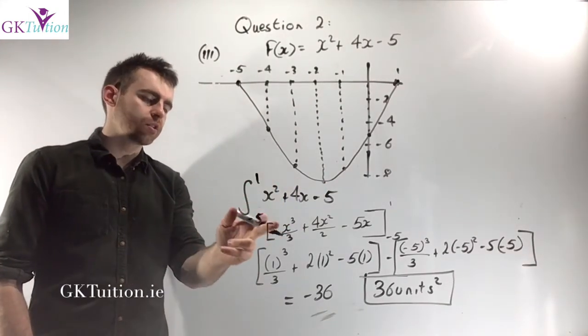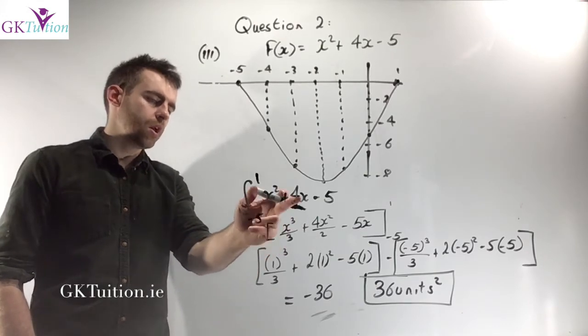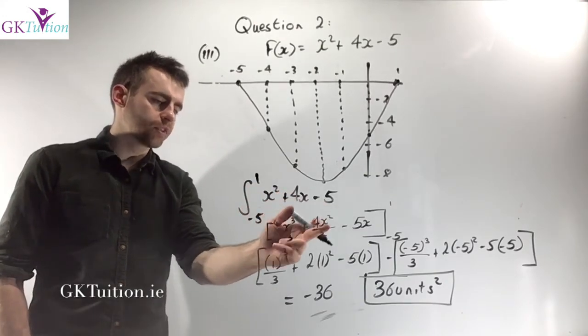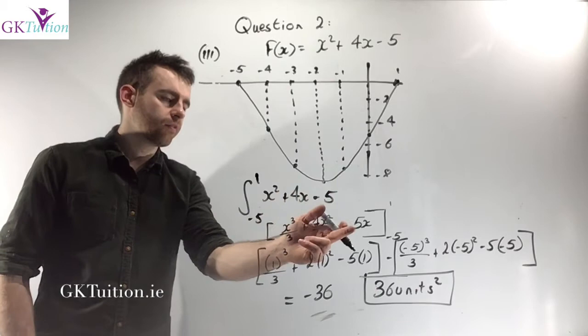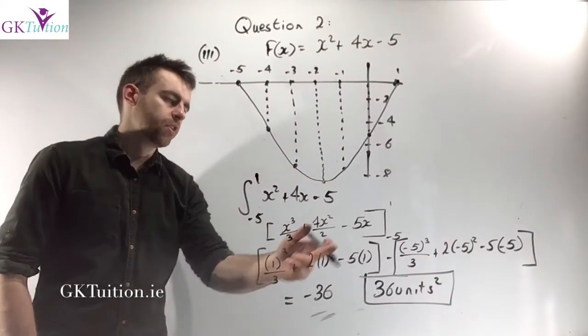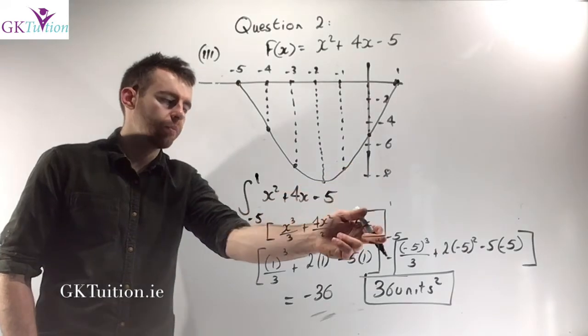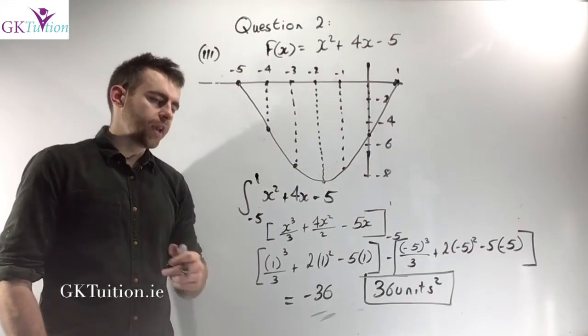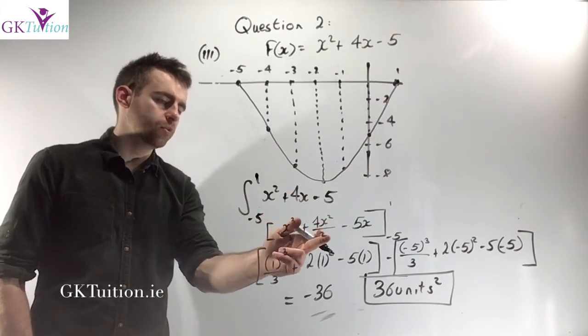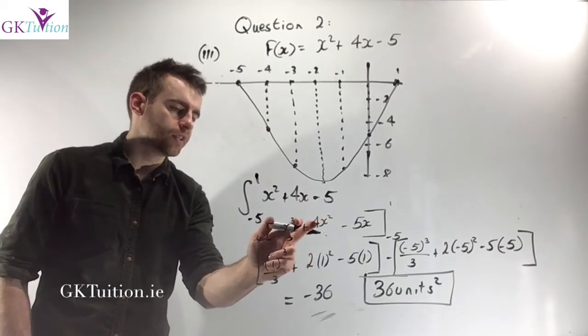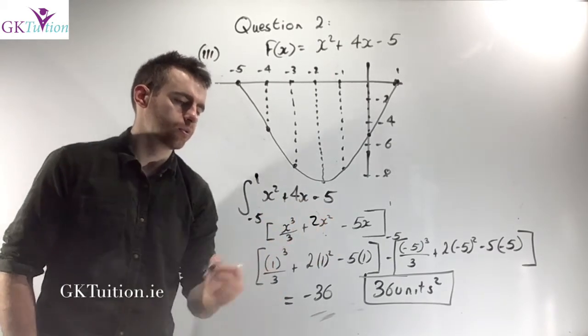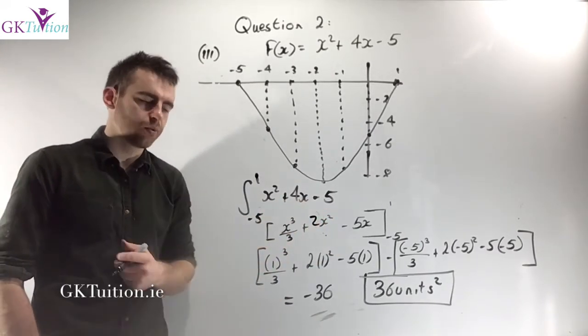When you integrate x squared, you get x cubed over 3, 4x becomes 4x squared over 2, and -5 becomes -5x. And notice I've put this in square brackets with my limits outside. I have a 1 up here and a -5 out here. Now 4x squared over 2 simplifies down to 2x squared.